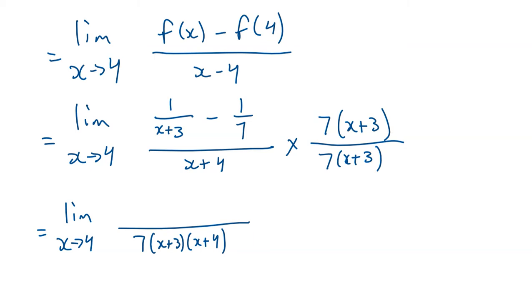What happens when I do it on top? Well, I'm going to do this times that, and this times that. So I'm going to multiply my common denominator by both those things. When I multiply it by 1 over x plus 3, the x plus 3's are going to divide out. Do you see that?